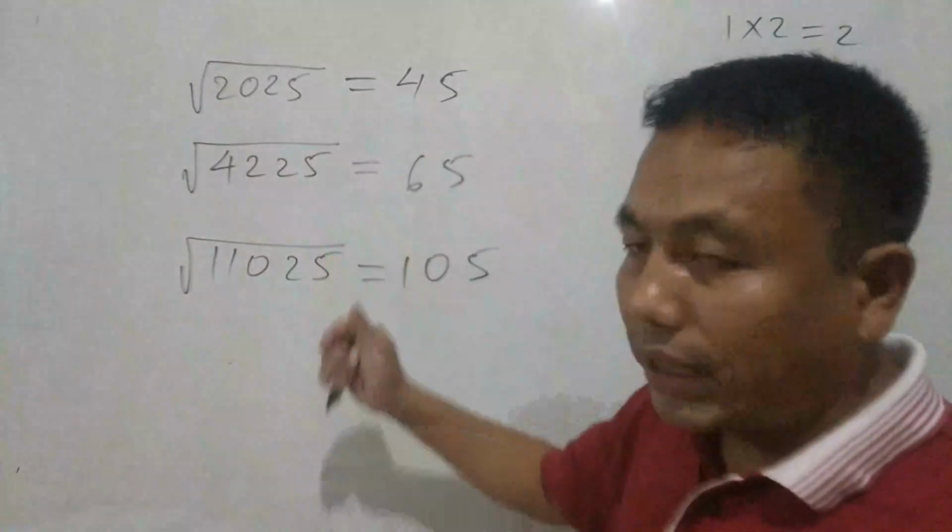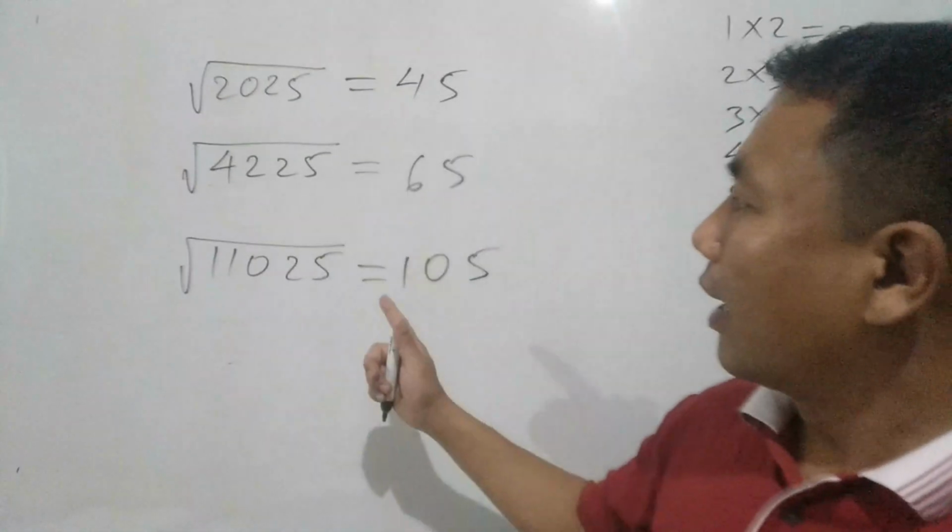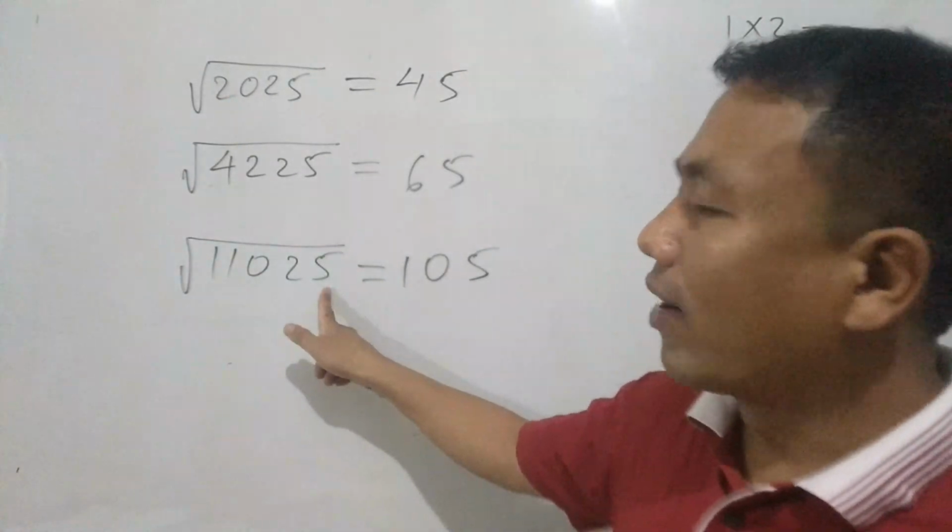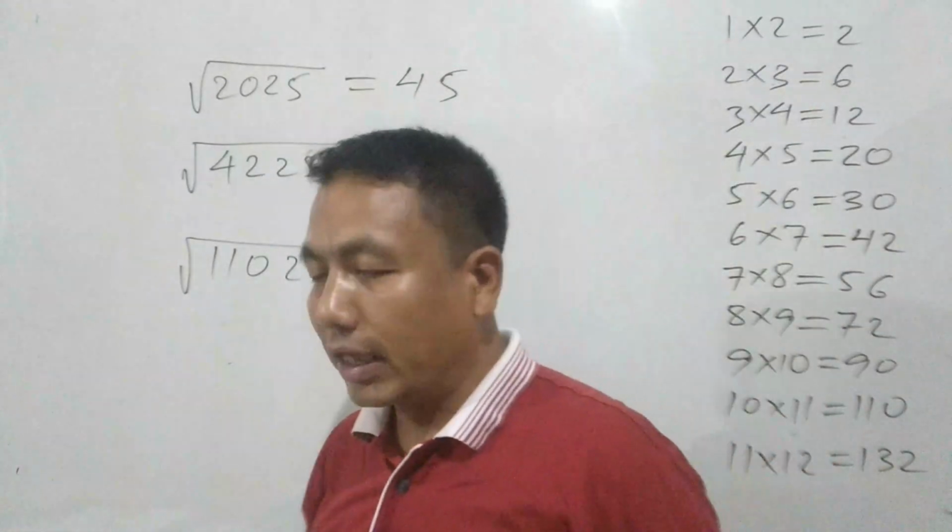Now, let's work with square root of a number whose unit digit is a number other than 5. Okay? Let's move to the next step.